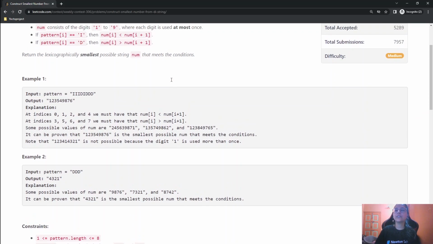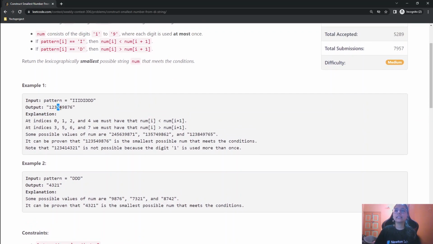See, in this first example itself, this is the condition which I am talking about. When D was encountered, it simply pushed into the stack, and then again it pushed into the stack, and then it saw that I is there, right? So then the top 5 was there, it pushed into the result, and then 4 was there, it pushed into the result. That is what I am saying.